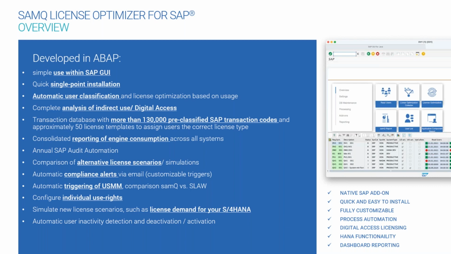So that's what I said earlier, it's like a mock audit. Configure individual use rights, specifically for users that are unique in the organization. Simulate your license demand for S4HANA. And of course, importantly, look at inactivity detection and deactivation, making sure that you reduce all your inactive usage and bring those licenses back into the inventory through the deactivation portion.